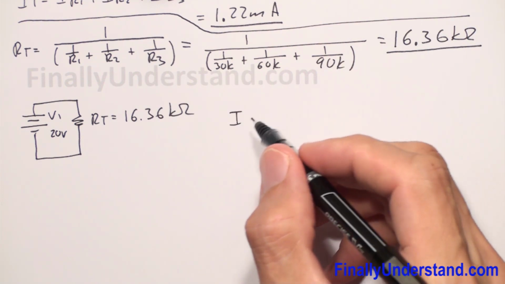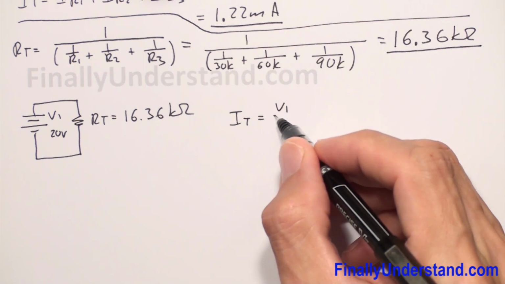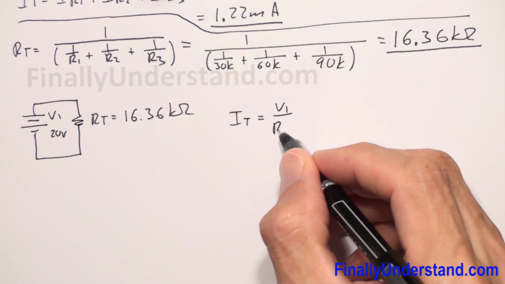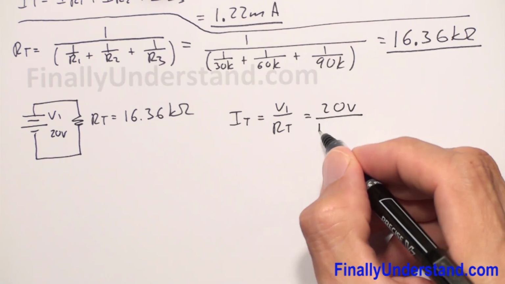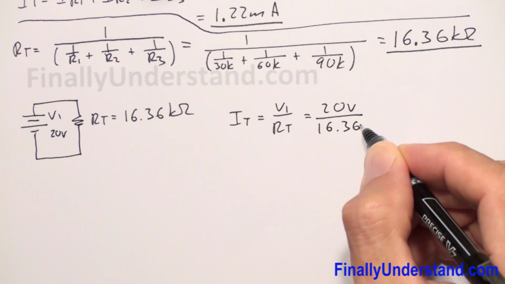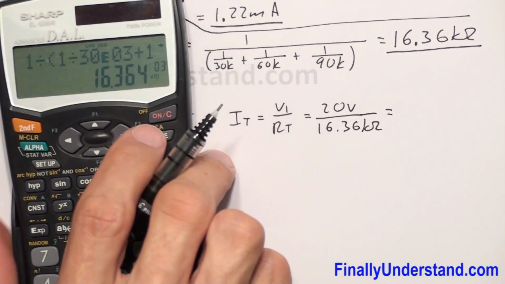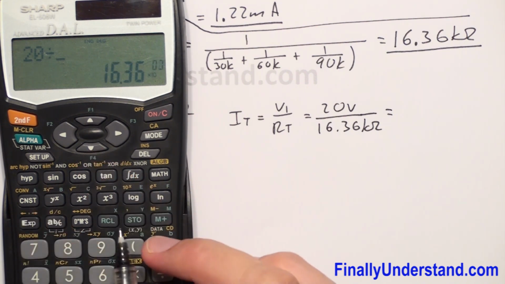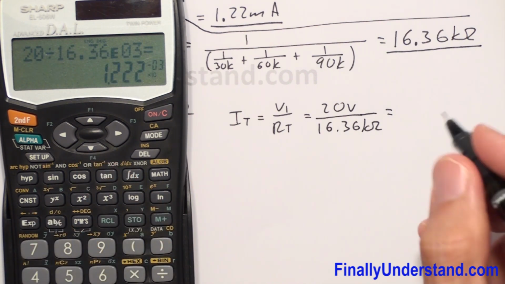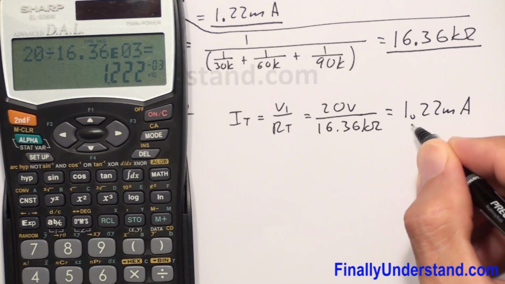Next I'm going to find total current. Total current is equal to V1, my voltage source, over R total. V1 is 20 volts over 16.36 kiloohms. So 20 divided by 16.36 exponent 3 is equal to 1.22 milliamps.